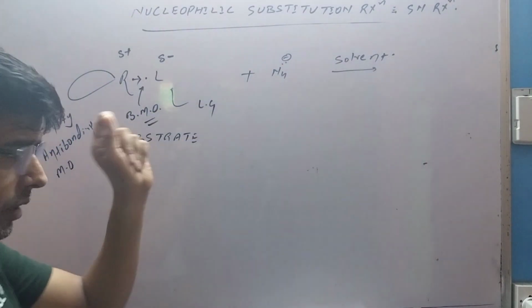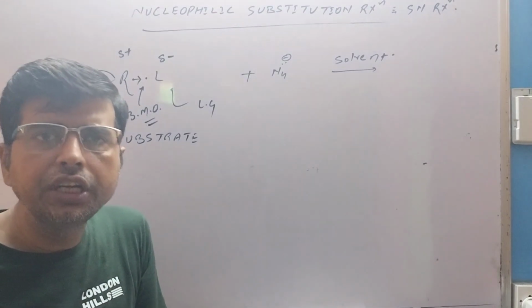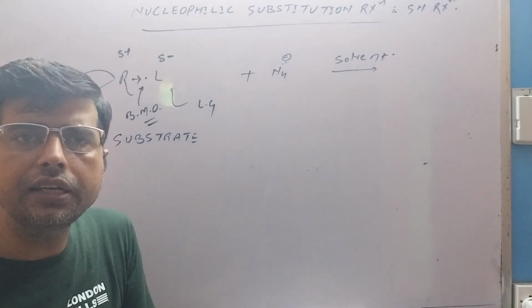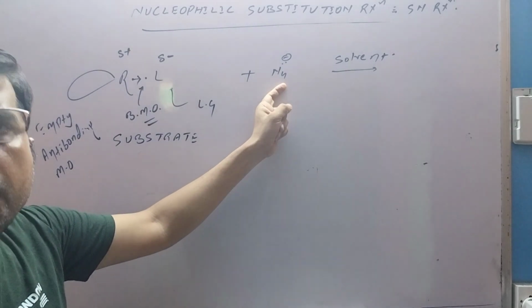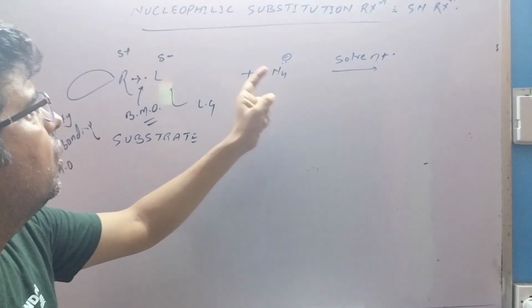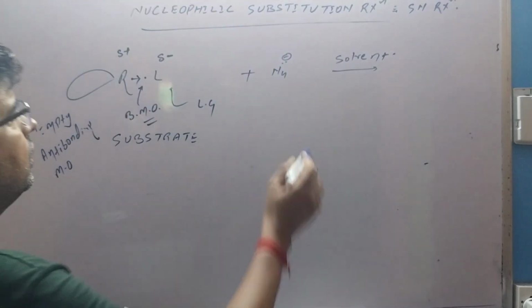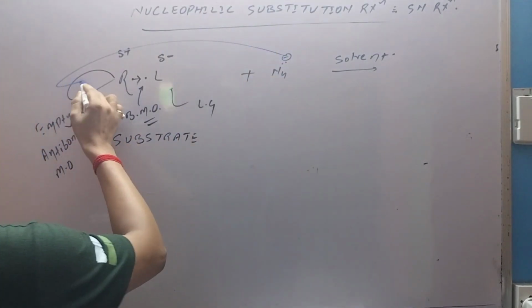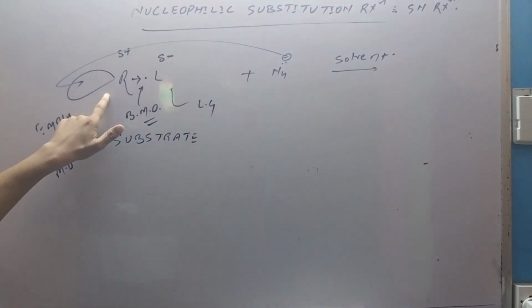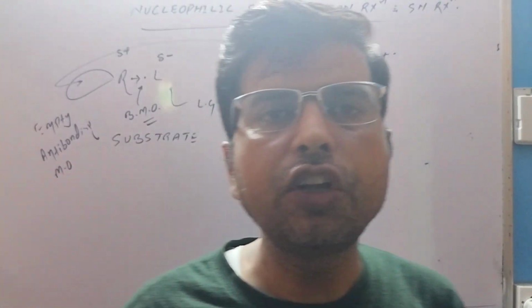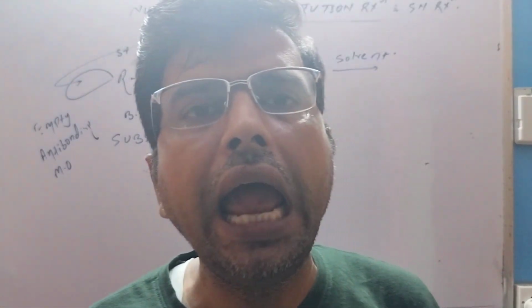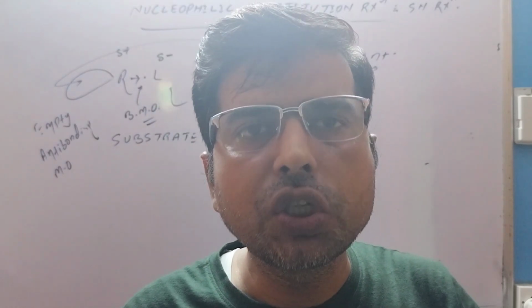Nucleophile simply means electron rich. Philic character means loving character, so it has nucleus loving, positive loving character. So this nucleophile donates its pair of electrons to the anti-bonding empty orbital of alkyl. As we know, a bonding molecular orbital contains 2 electrons, and an anti-bonding molecular orbital contains 2 electrons.